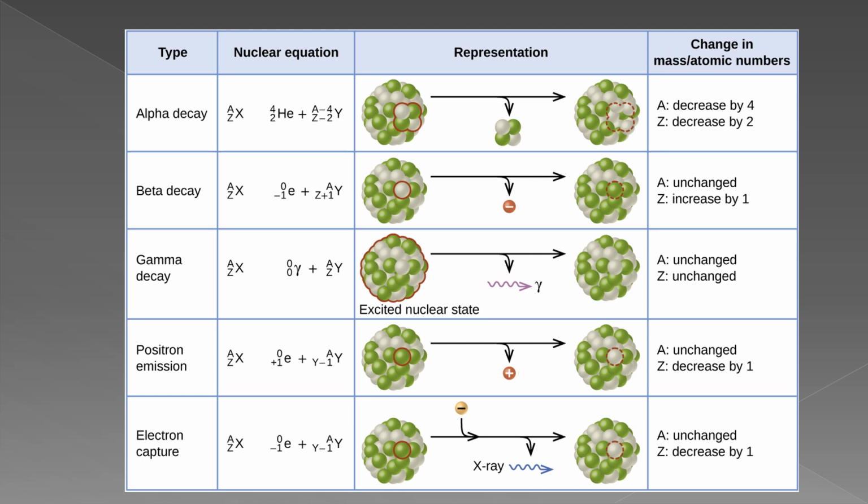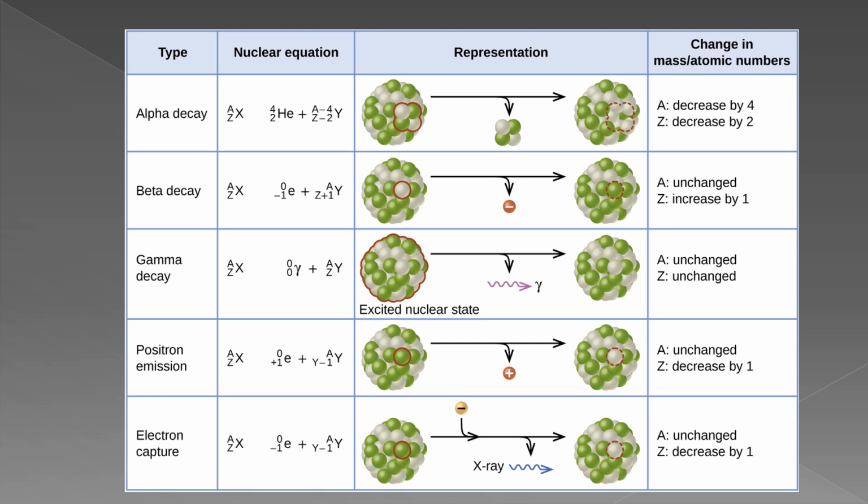Those radionuclides will be metastable, where they have excess energy, and so they will be denoted with an M when you write them, like 99M technetium is. For those ones, because they're not changing the atomic mass at all, the protons are staying the same, it's just a release of energy, they remain the same element. The atomic mass and the number of protons remains unchanged.